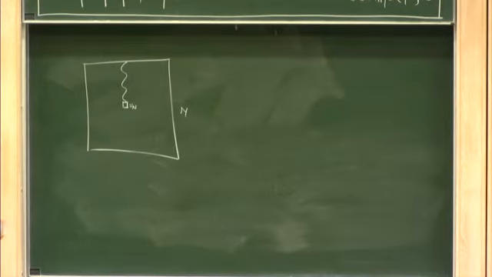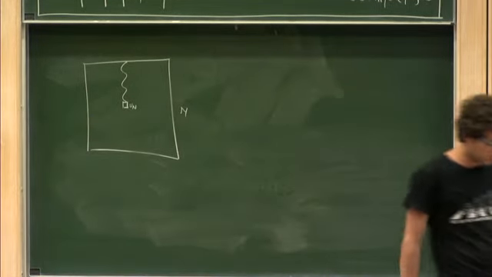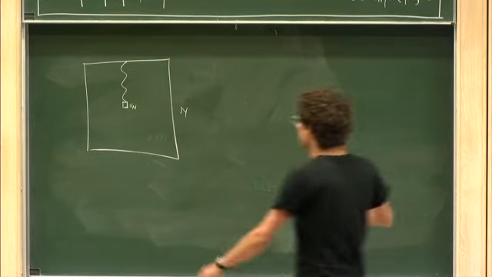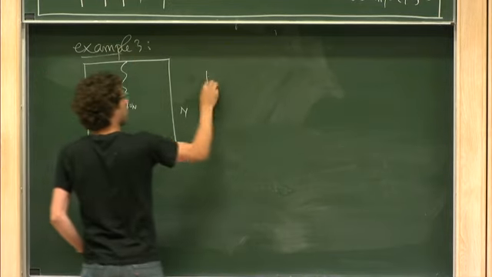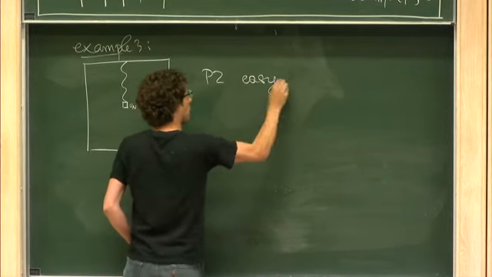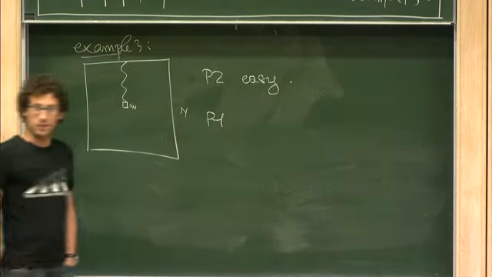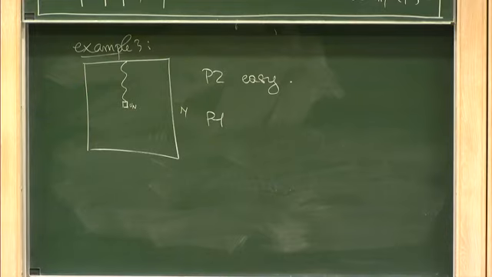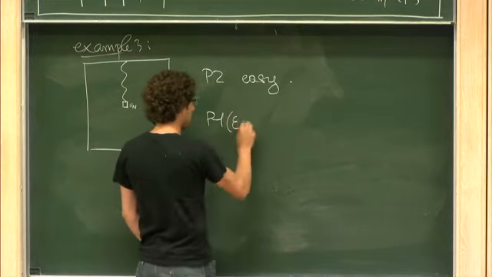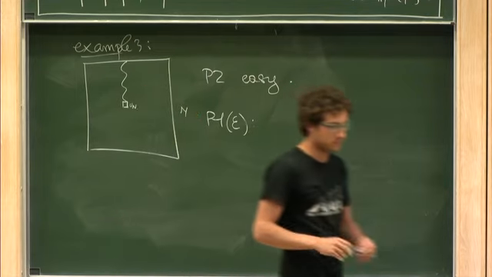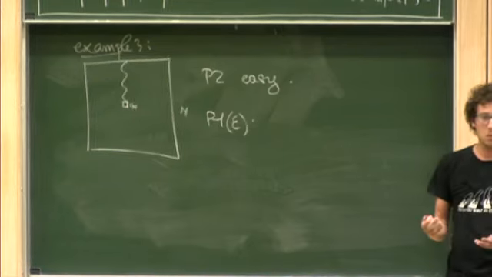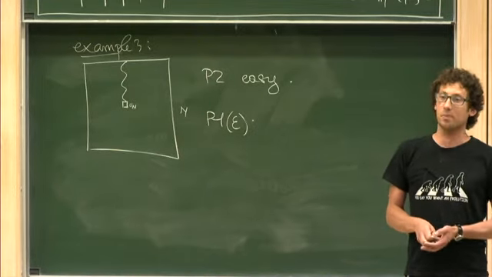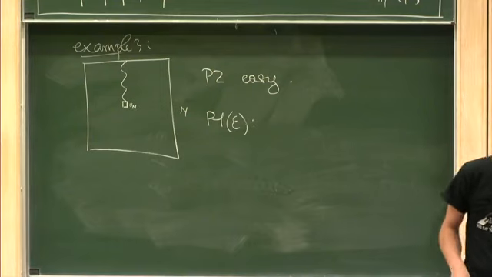So this is very difficult. But still, I want to emphasize something. Here P2 is easy. So this was example 3. P2 is easy, P1 is extremely difficult. But P1 of epsilon is easy in the following way. Imagine that I allow myself to add an epsilon here. I give you the right to increase the percolation parameter a little bit by just epsilon.